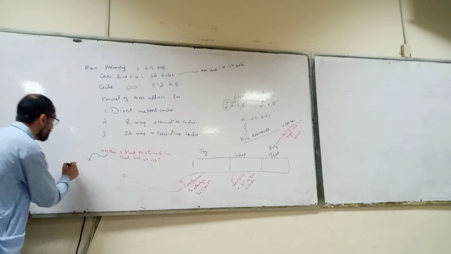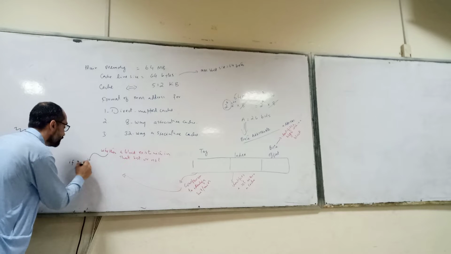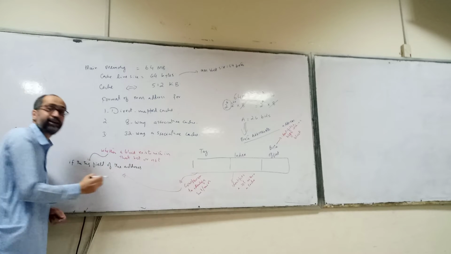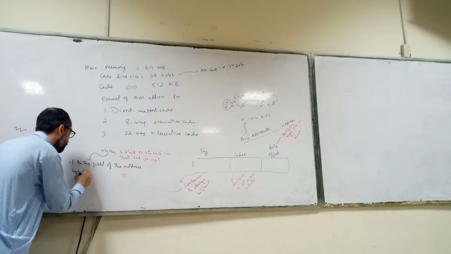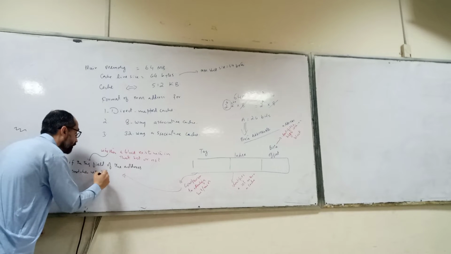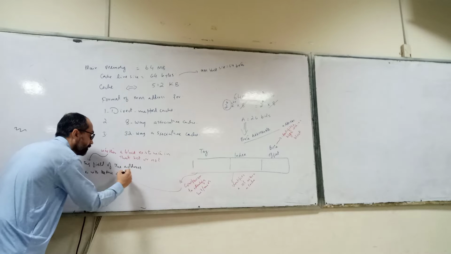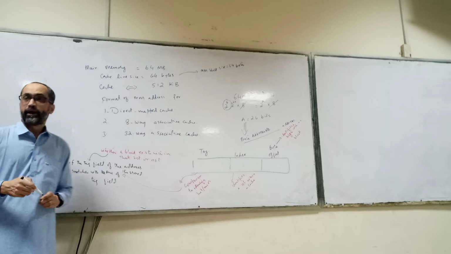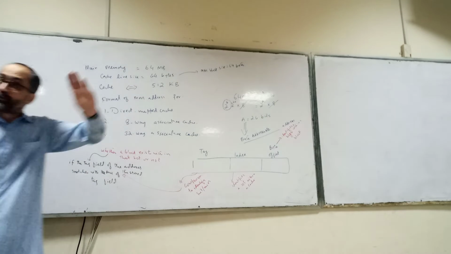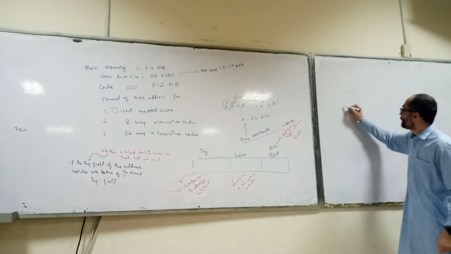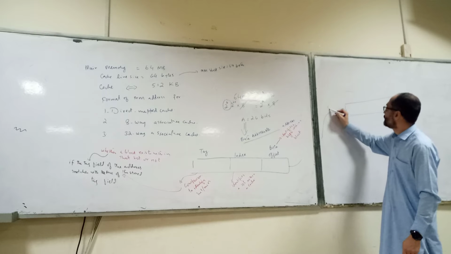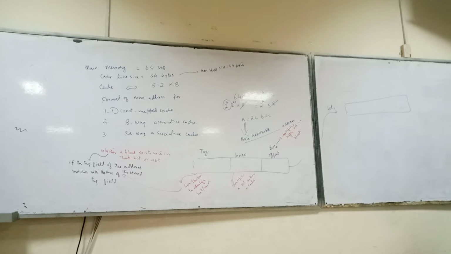If the tag field of the address matches with one of the stored tag fields, then from a set perspective, let's assume this block is mapped to set I. Who will identify that it is mapped to set I?